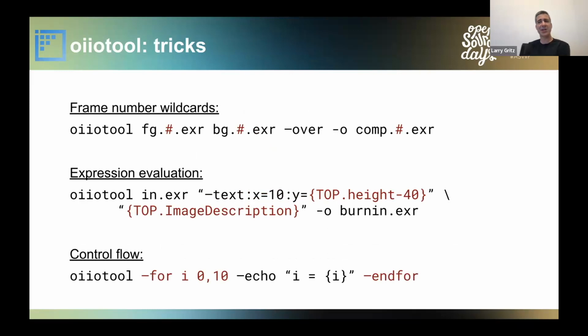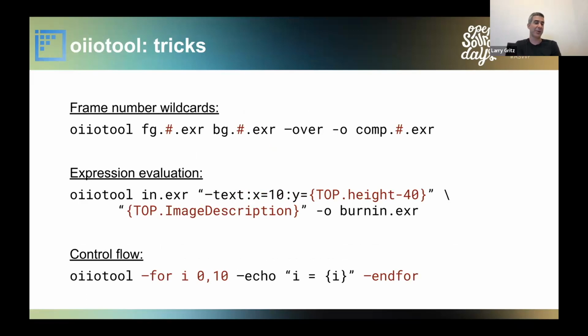So a few tricks that casual users might not know about, but the power users do some pretty neat stuff with this. In studios with animation, we're very frequently not dealing with individual images, but we have images for every frame of a shot, say, and they tend to have file names with the frame numbers embedded in them.